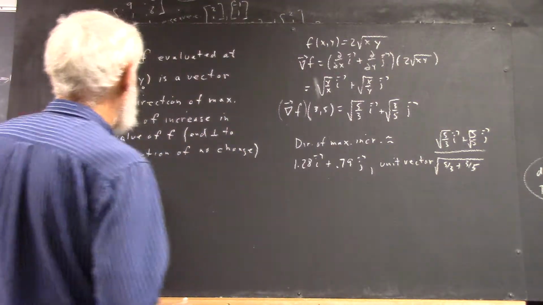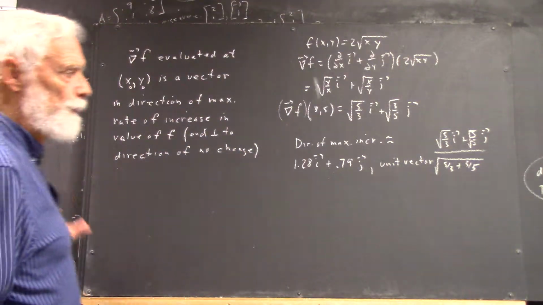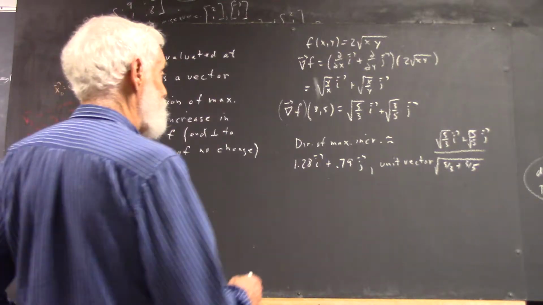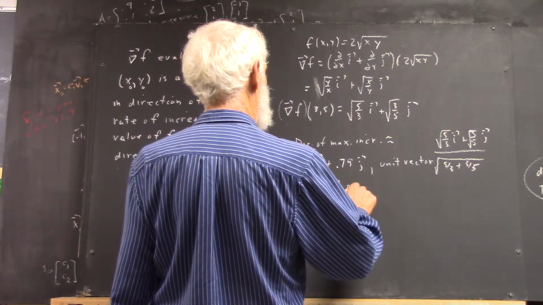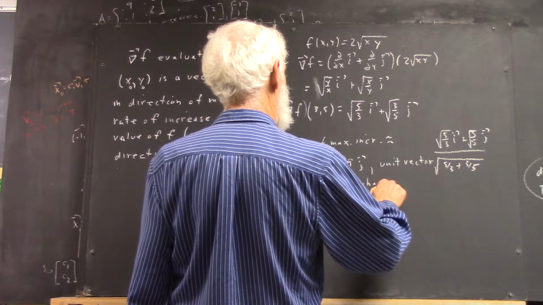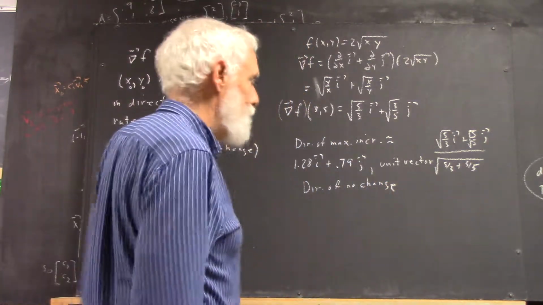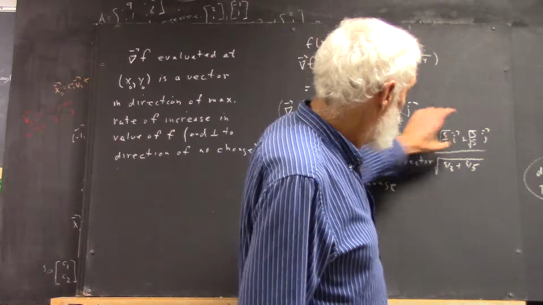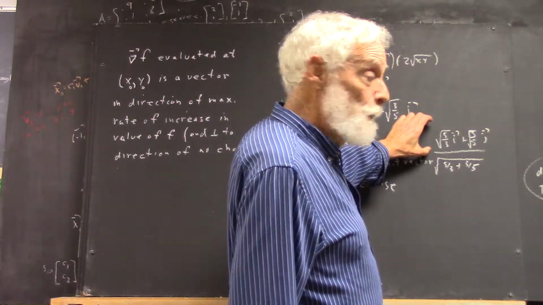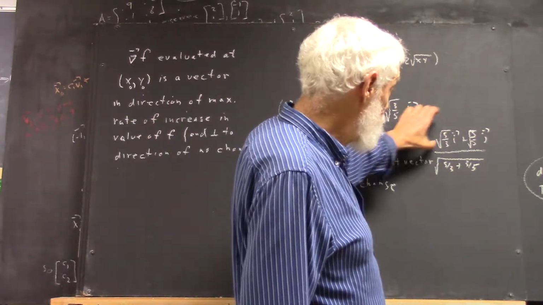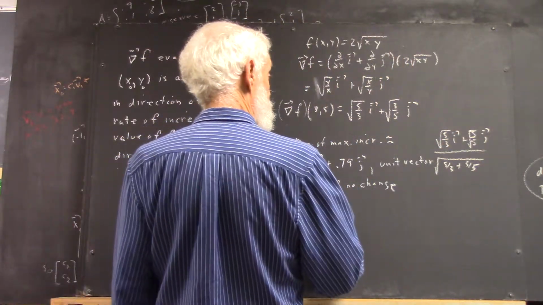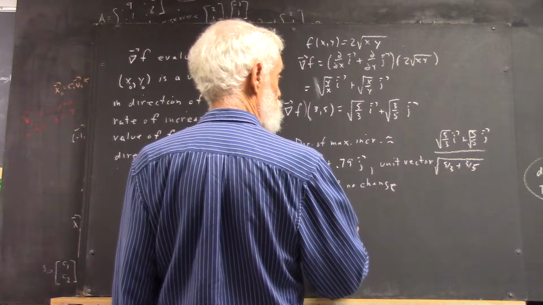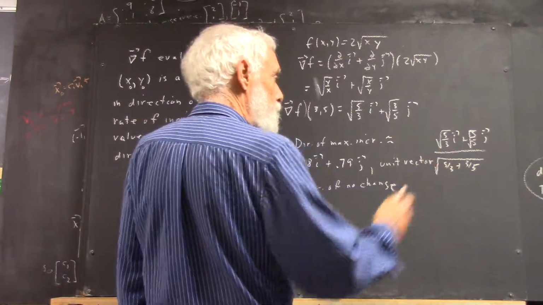Okay, so anyhow, in the direction of no change, this thing has a slope of this over this. Perpendicular to that has a slope of negative this over this. So your direction of no change is going to be, I'll even do a unit vector.